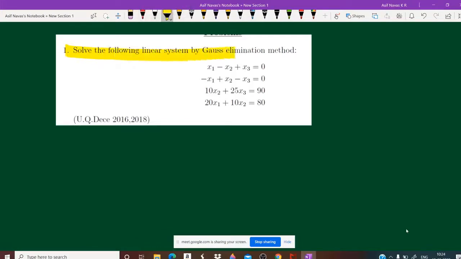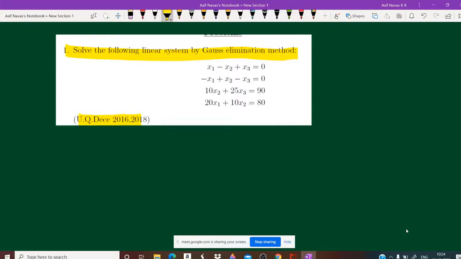Okay, so this is the problem, and this problem is a university question from 2018. The question is: x1 minus x2 plus x3 is equal to 0. That is the first equation. Minus x1 plus x2 minus x3 is equal to 0.